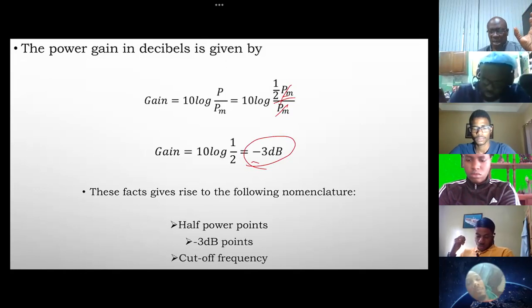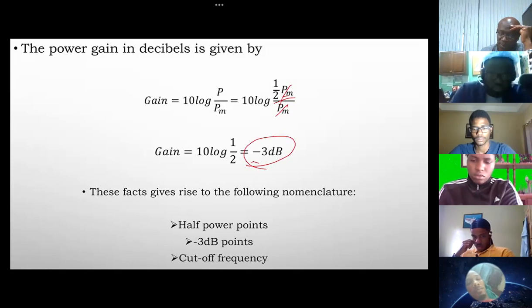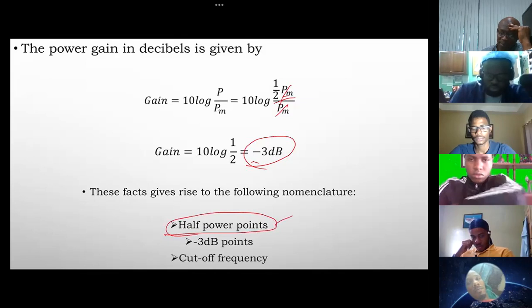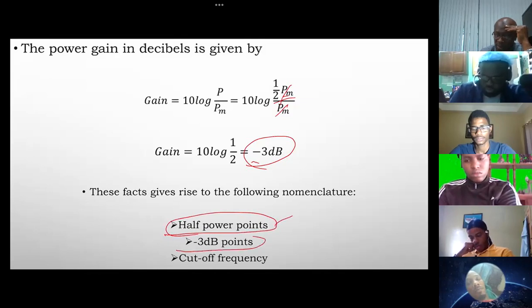At F1 and F2, we know that the power is halved, so we call them the half power points. At F1 and F2, we know that the gain is minus 3 decibels, so we call them the minus 3 dB points.